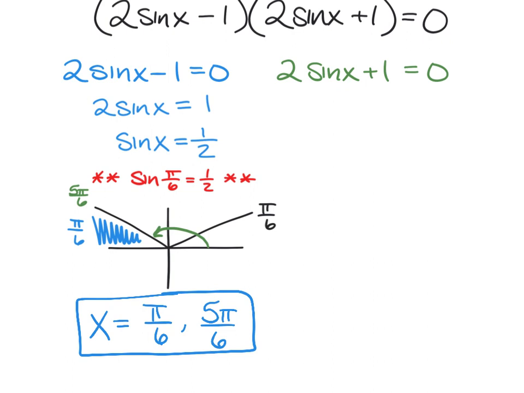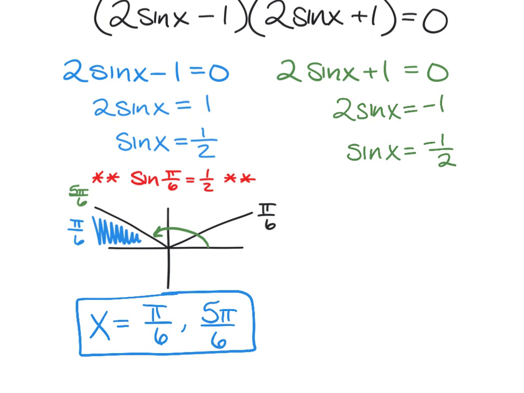And now that it's after lunch, we'll go ahead and do the green side, which again, the steps are going to be eerily similar, but this time we're going to subtract 1 from both sides, then divide by 2. And now we need to know where sine of x is equal to negative 1/2.